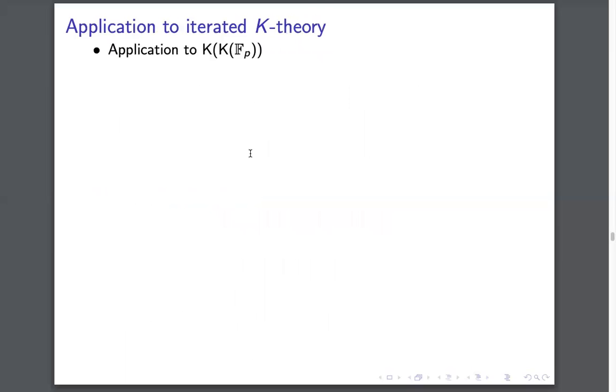Okay, I'll start with a few applications of this result. The first application I want to mention is to the algebraic K-theory of K-theory of F_p. Because F_p is a commutative ring, when you take the algebraic K-theory of that, you obtain a commutative ring spectrum.